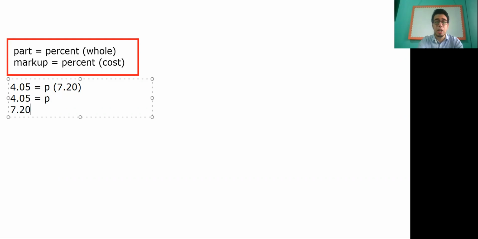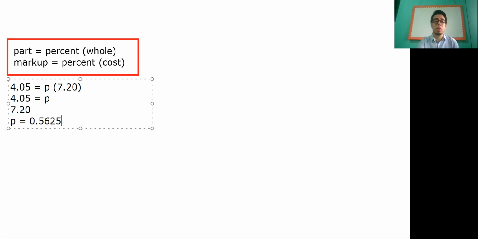So then I just need to find the result of this division and I can finally have the value of the variable p. For the variable p, I have 0.5625.